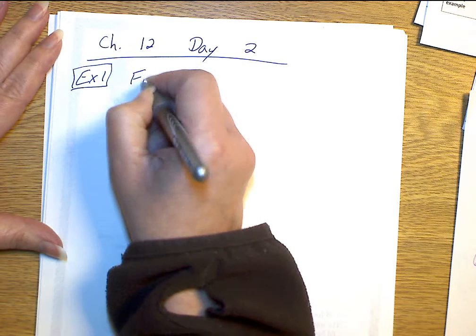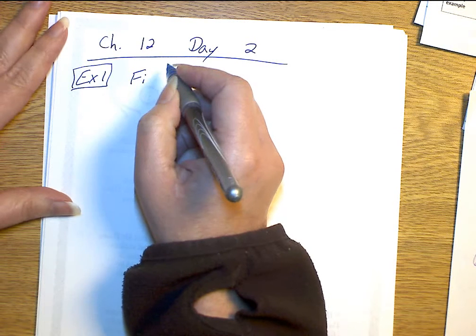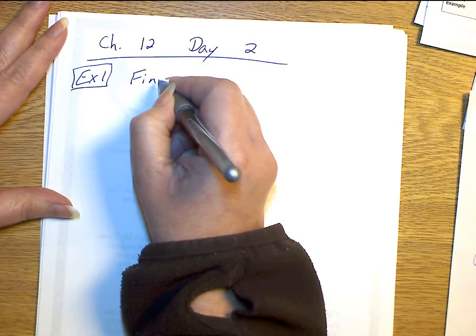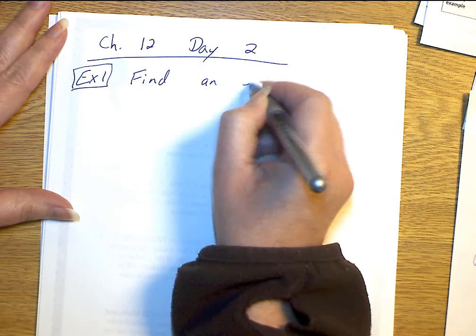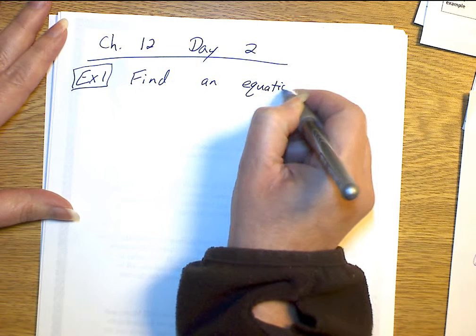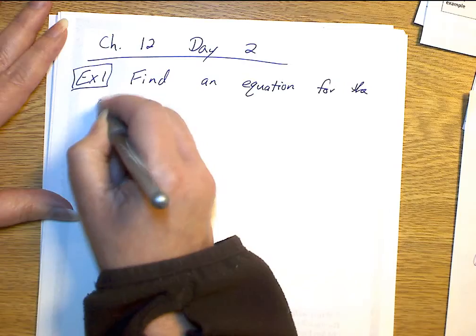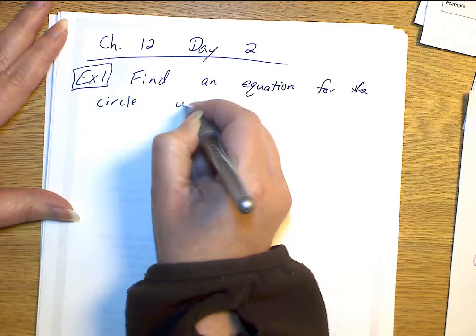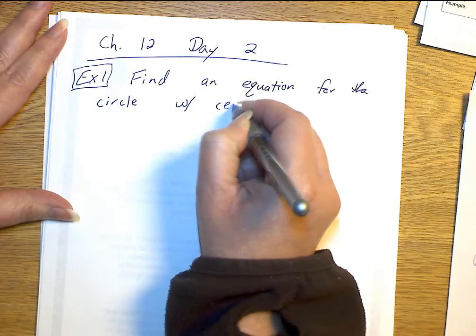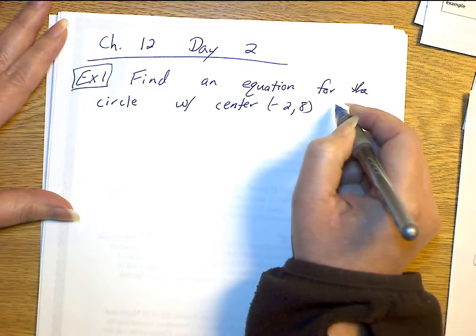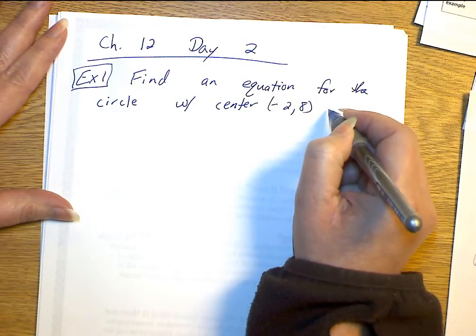Find an equation for a circle with center (-2, 8) and with radius of 10.